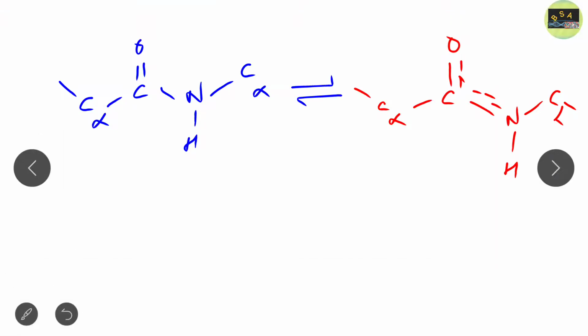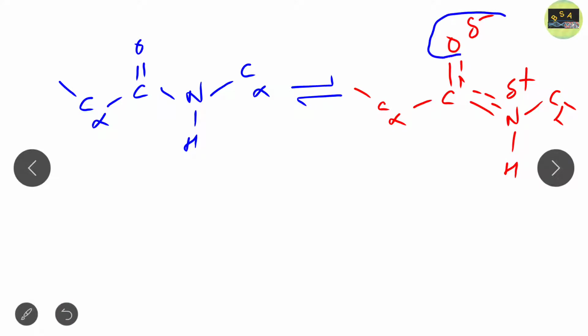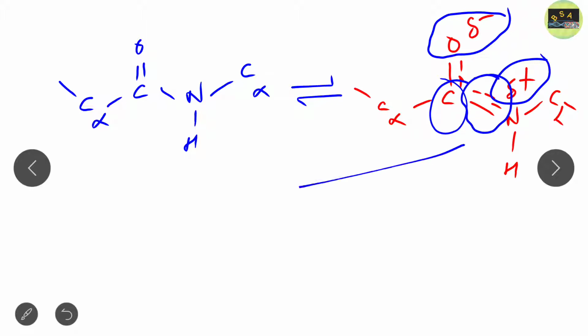Here you can see that oxygen has a partial negative charge while nitrogen has a partial positive charge. So the peptide bond contains partial double bond character due to the oxygen, as oxygen is the most electronegative atom and always tries to pull electrons, and carbon has to complete its valency, so a partial double bond character is formed.